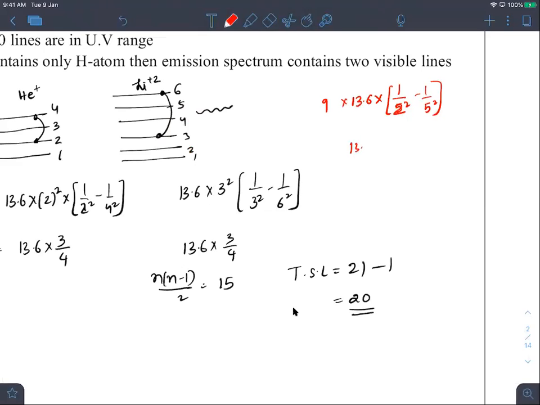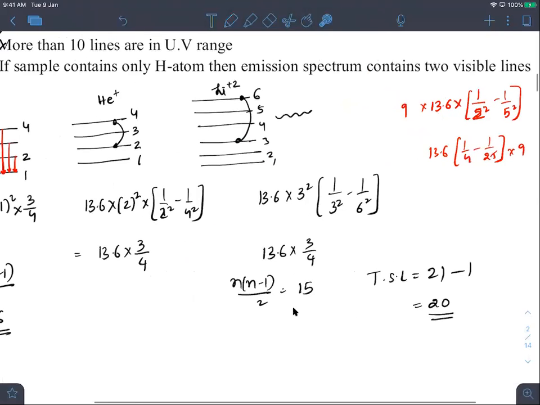So 13.6 into 1 by 4 minus 1 by 25. So that is 21 by 100, which is 25 by 100 multiplied by 9. Even if you take this approximately 10 and cancel it, it is coming almost like 2 times. Got it? Which means this is more than this.